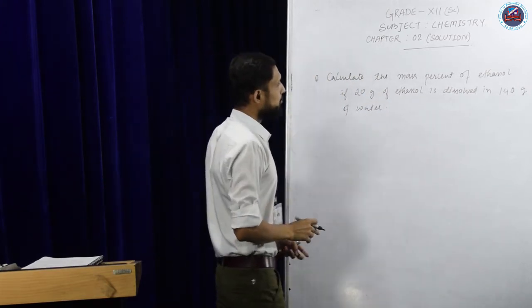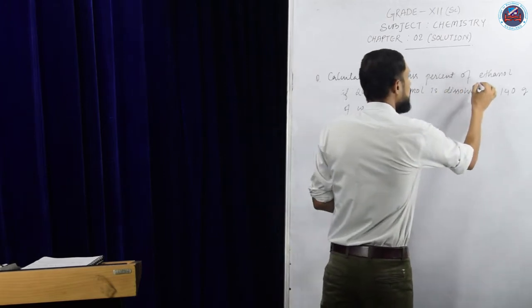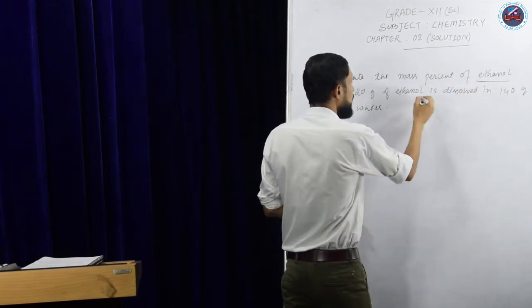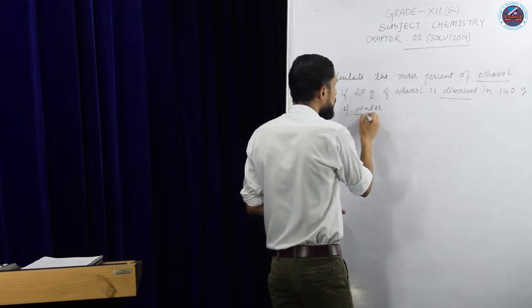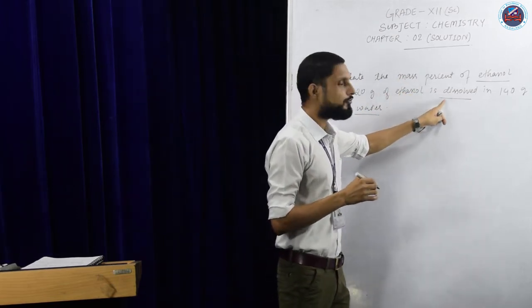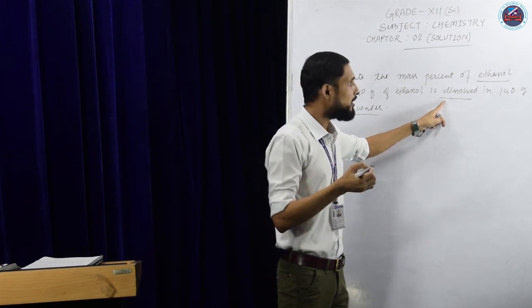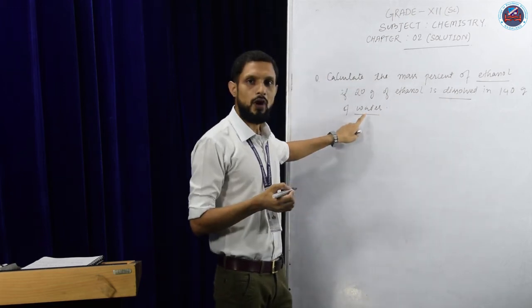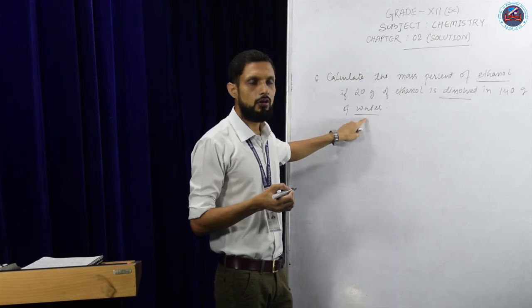If you read the question carefully, you'll find ethanol is dissolved in water. So the one which is dissolved is solute, and where it is dissolved? In water, so water is solvent.